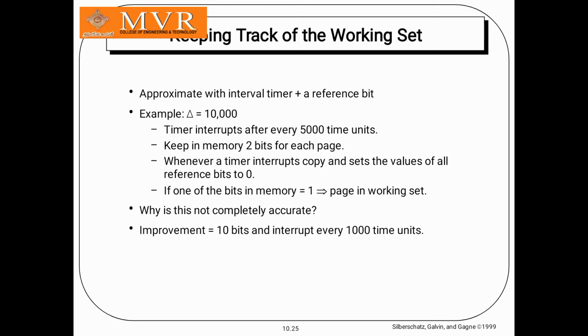Whenever the timer interrupts, copy and set the values of all reference bits to 0. If one of the bits in memory equals 1, the page is in the working set. Why is this not completely accurate? An improvement is 10 bits and interrupting every 1,000 time units.